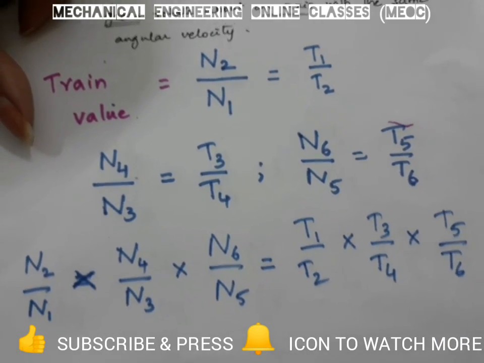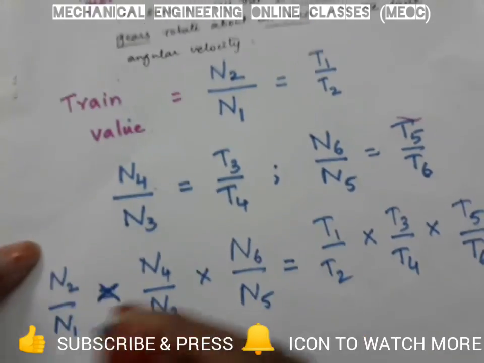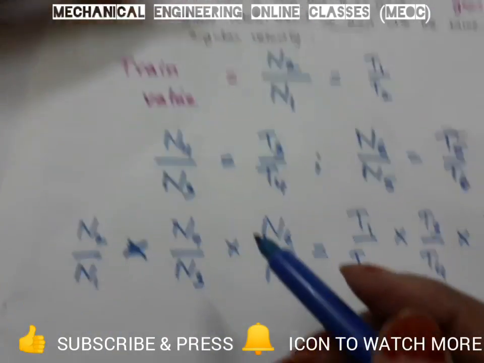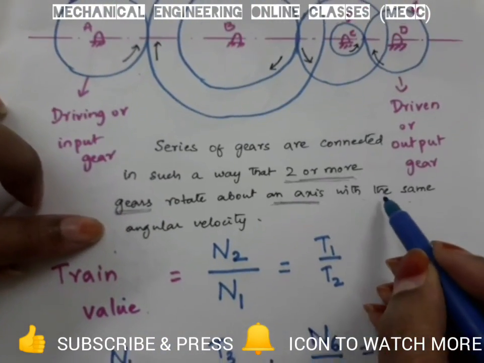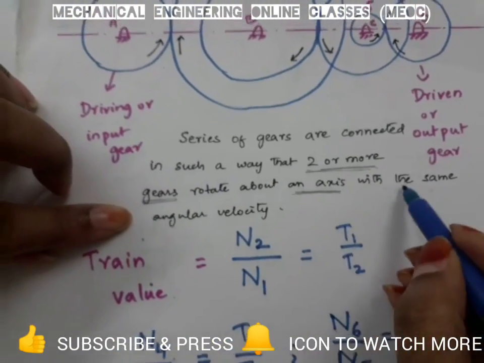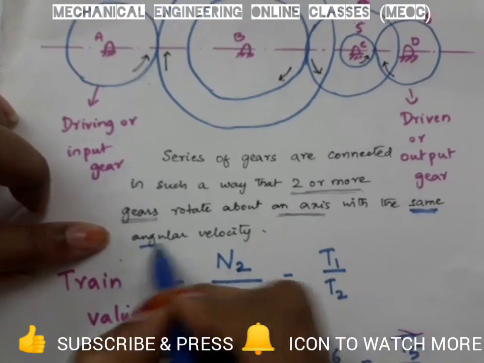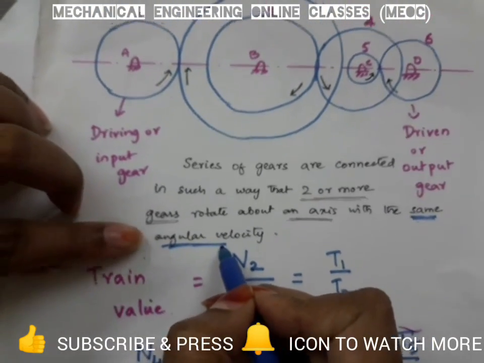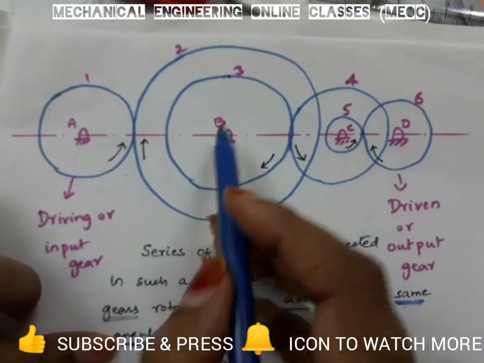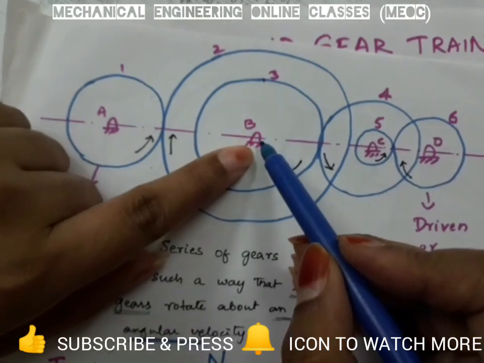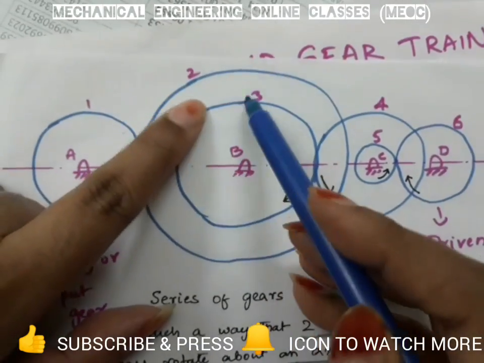Now notice one point: by definition, two or more gears rotate about an axis with the same angular velocity, because they are mounted on the same shaft. The shaft speed is the same for both gears. For example, consider shaft B. Gears 2 and 3 are on the same shaft.